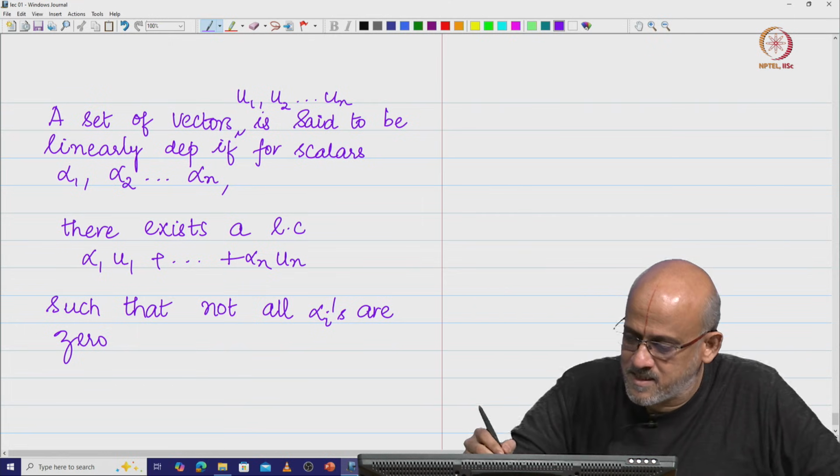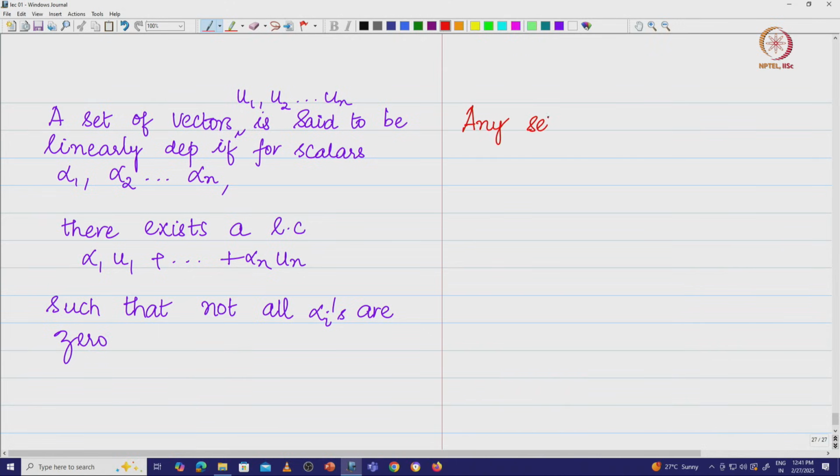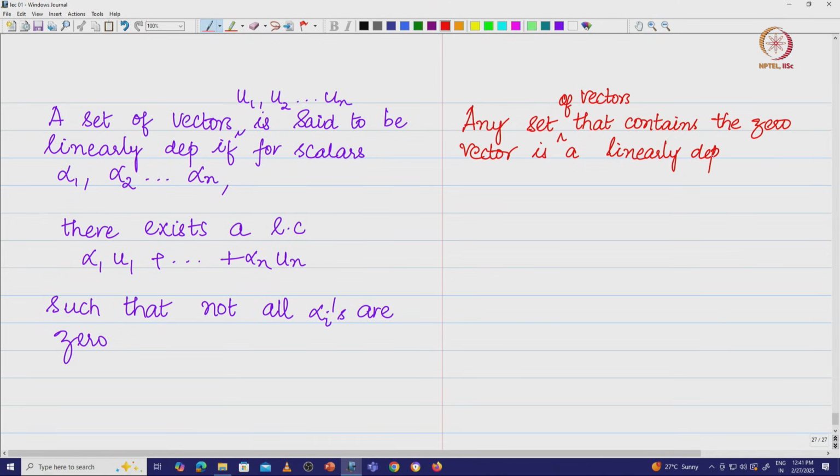So, we will make one important statement here. Any set of vectors that contains the 0 vector is a linearly dependent set.